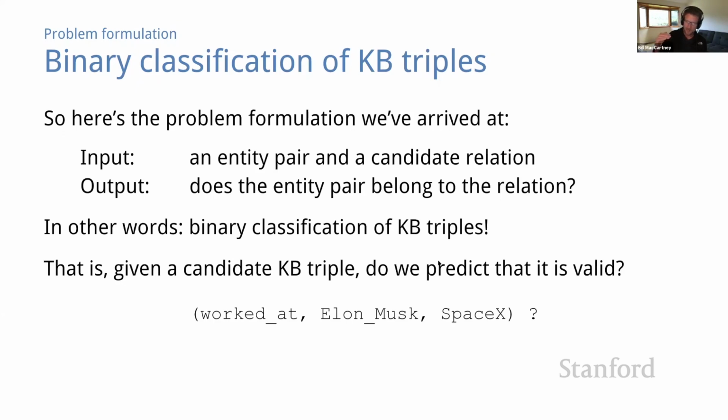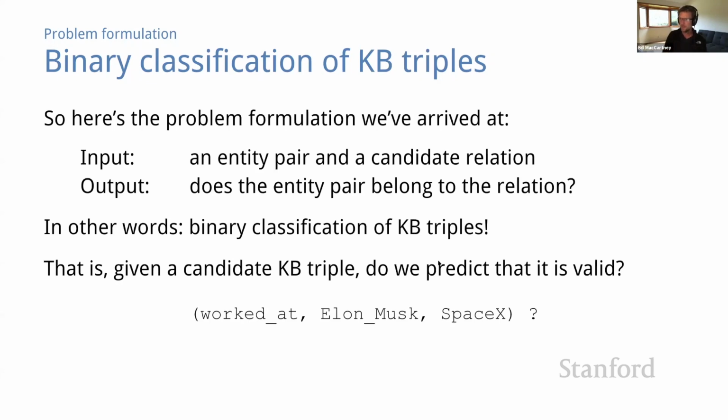We have a bunch of positive examples which come from our KB. We have a bunch of negative examples which we synthesize from the corpus using pairs which co-occur in the corpus but don't occur in the KB. Now we have lots of data consisting of candidate KB triples, including positive examples and negative examples.